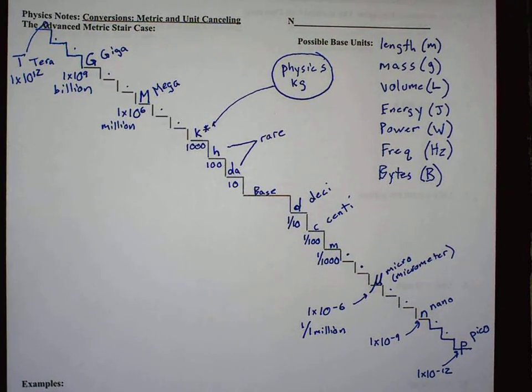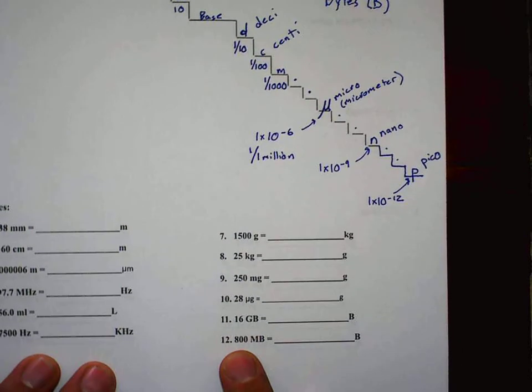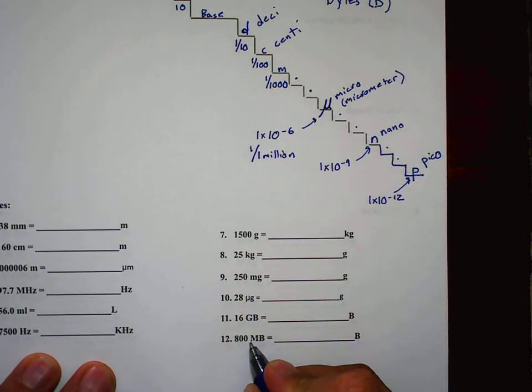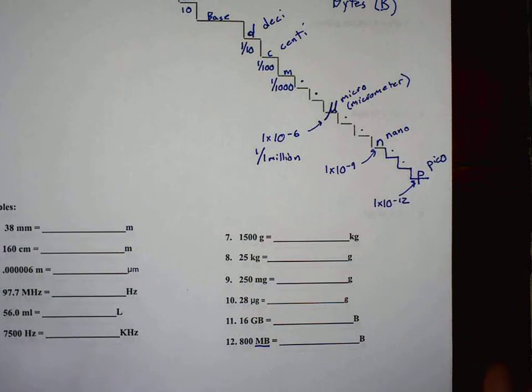90s pop quiz again. Let's go down and do number 12 right here. This is megabytes. What was common in the 90s that we used megabytes for? What kind of cool stuff did we have instead of phones for our music? The Walkman. Yes, correct. Early 90s.